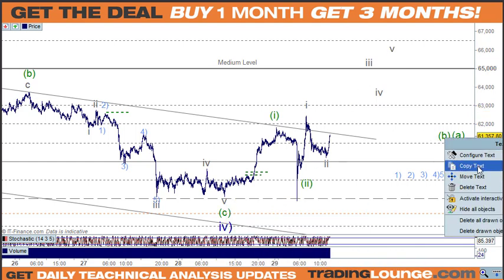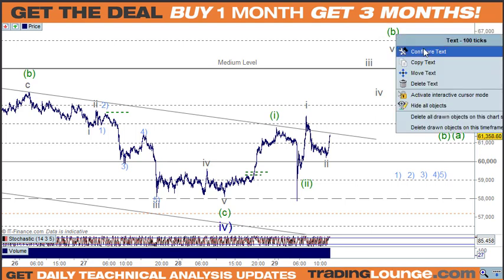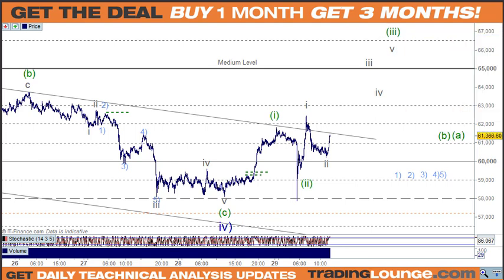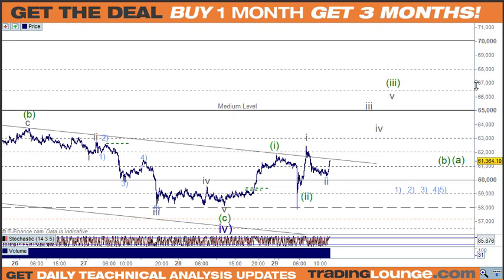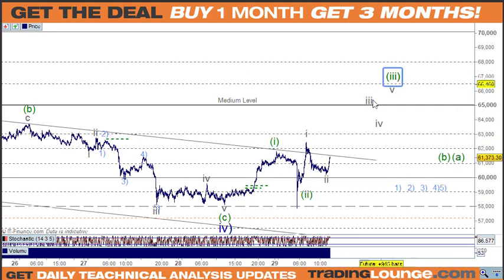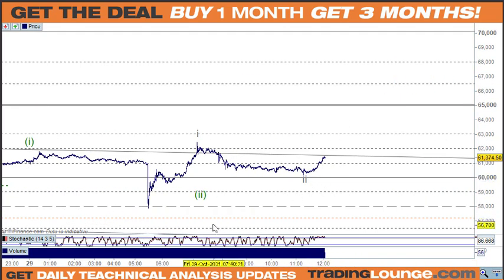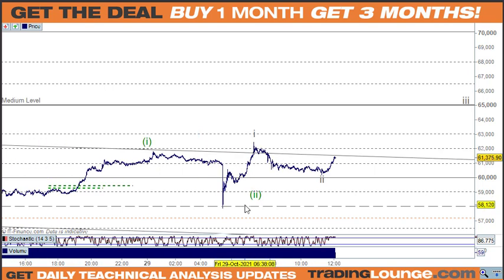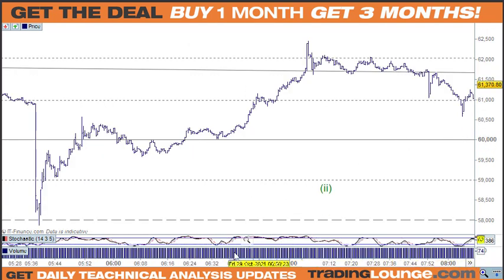And just copy this and put this over to here, put that as wave 3. Okay, so yeah, we're going from wave 2 to wave 3 here. Let's take a look at this little guy here. That's what I want to have a look at.